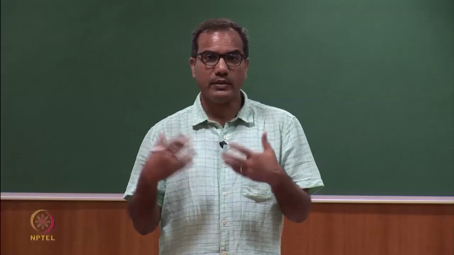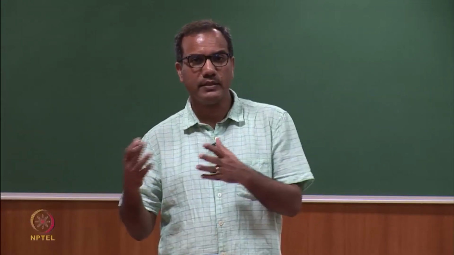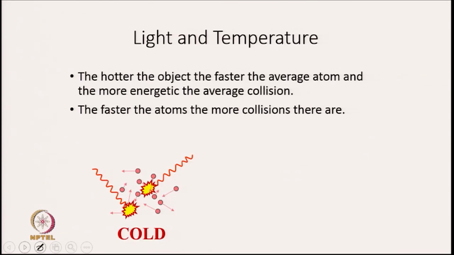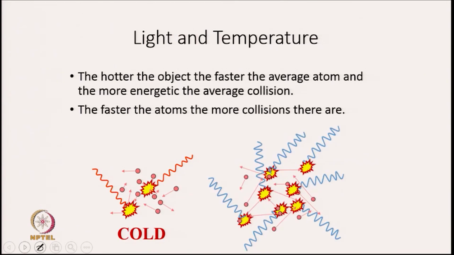So the hotter the object, the faster the average atom, and the more energetic the average collision. The faster the atoms, the more collisions there are, and the emitted light will be of higher energy.